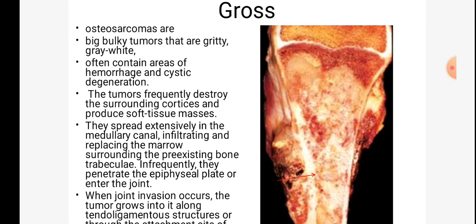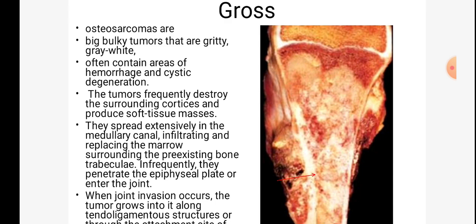Gross features of osteosarcomas. Osteosarcomas are big bulky tumors that are gritty, gray white, often containing areas of hemorrhage and cystic degeneration. The tumors frequently destroy the surrounding cortices and produce soft tissue masses.